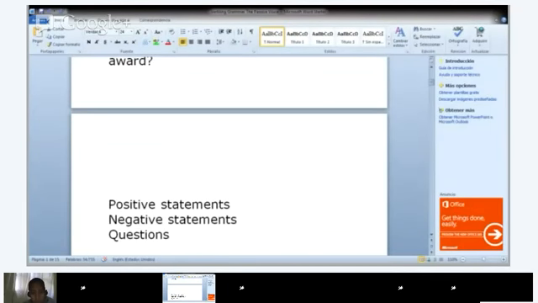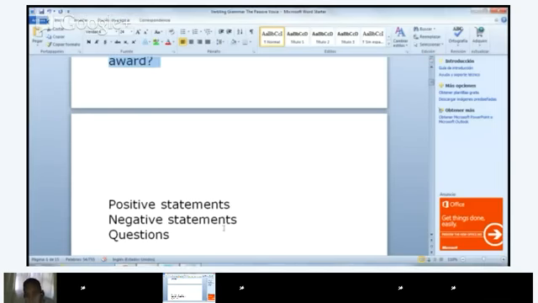The grammar in English is different, and depending on your language, it's very challenging to make positive statements, negative statements, and questions.